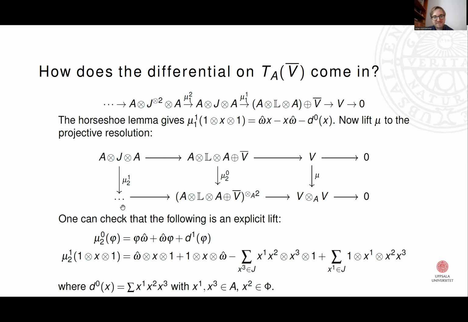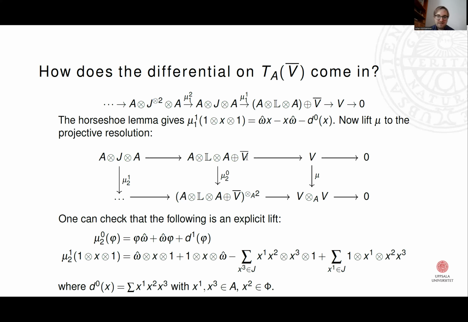There was no space on the slide to put the term here, as it's already too complicated if you don't want to decrease the font size too much. But it's just the tensor product of this term with this term in both directions.